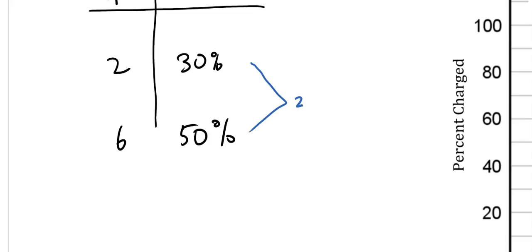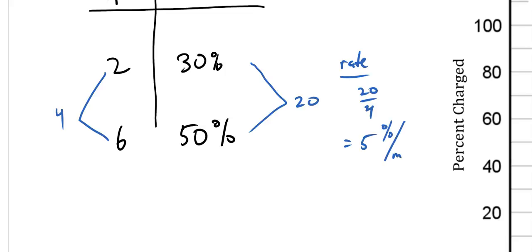So this was an increase of 20 in 4 minutes, which means the rate is 20 divided by 4, which is 5. But 5 what? This is important. Percent, that's part of it. Ethan? Percent per minute. Very good.